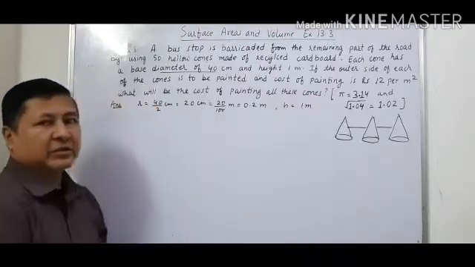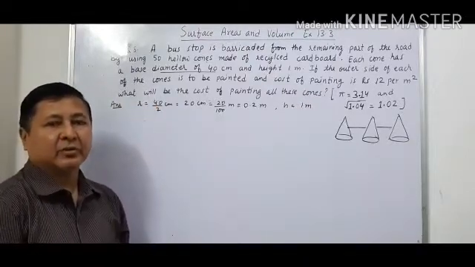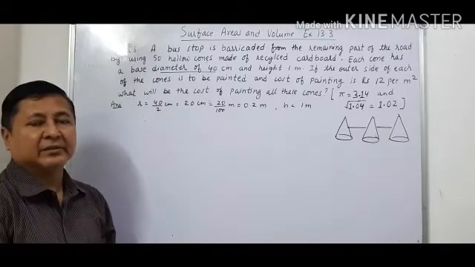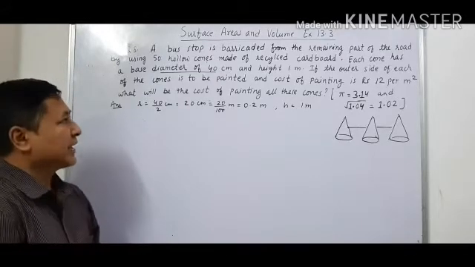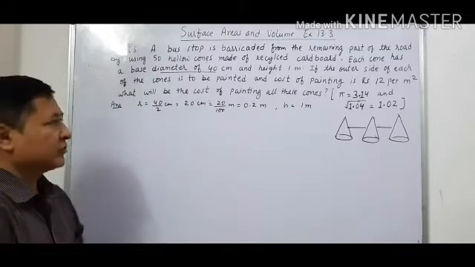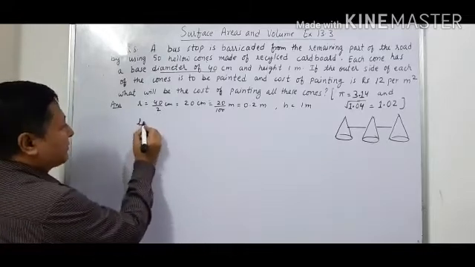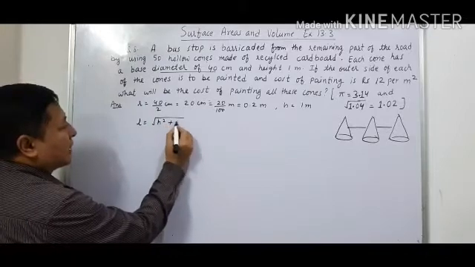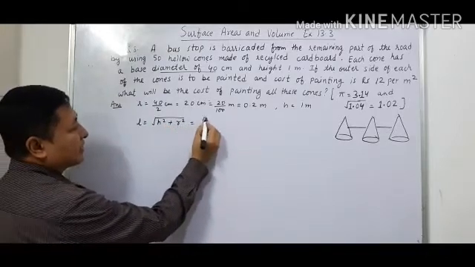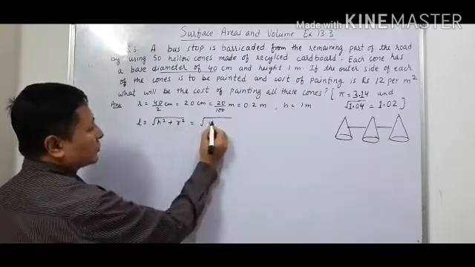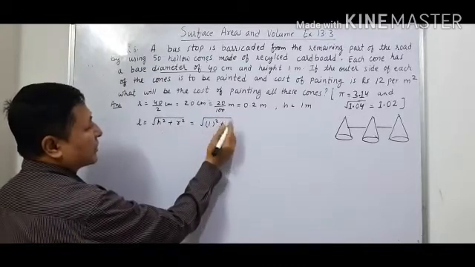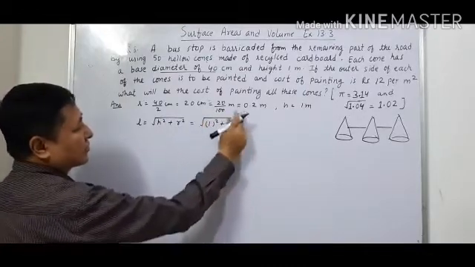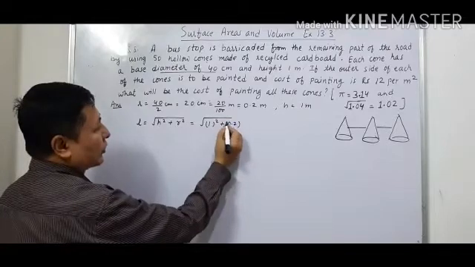Now we have to find the curved surface area, and the formula for curved surface area is pi r L. L means slant height. Slant height is not given in the question. First we have to find slant height. That is given by the formula L is equal to the square root of h square plus r square. H is given in the question, that is 1. So the square of 1 plus r is 0.2 square.